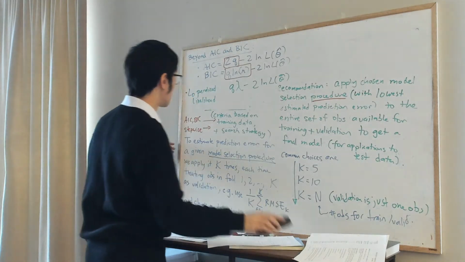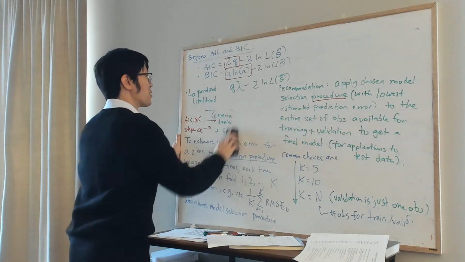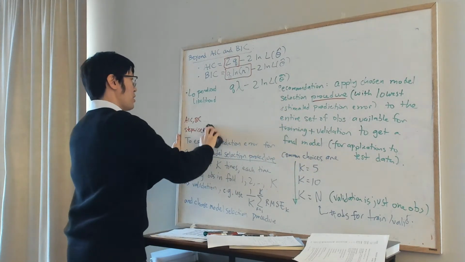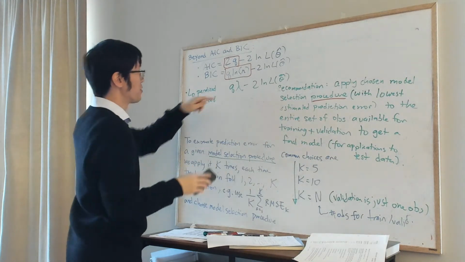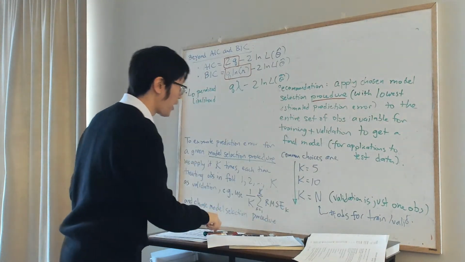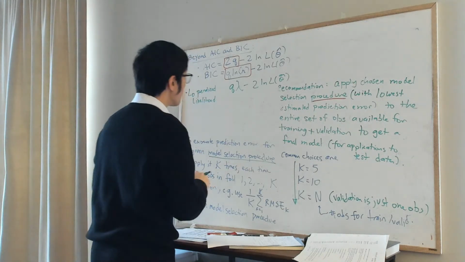Okay, and then we can treat lambda as, for example, stepwise regression with different values of lambda as different model selection procedures.